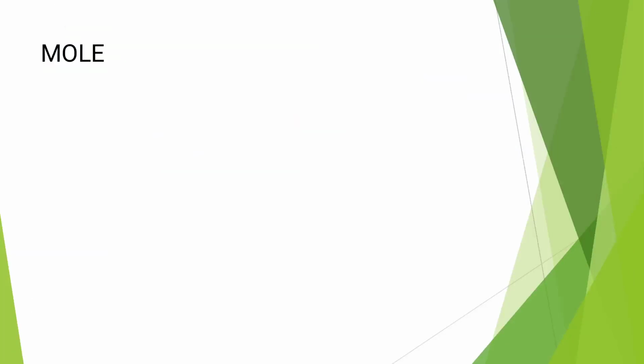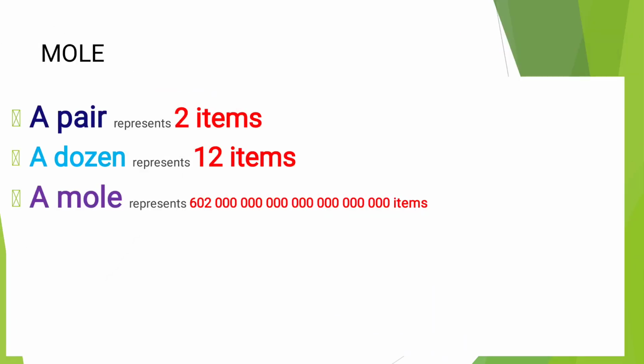Next, we try to look at what is the mole. A mole is basically a unit of measurement that is used in chemistry. So when we speak about mole, we need to look at these examples that will help us to understand better what a mole is.